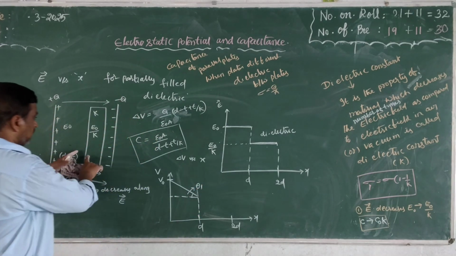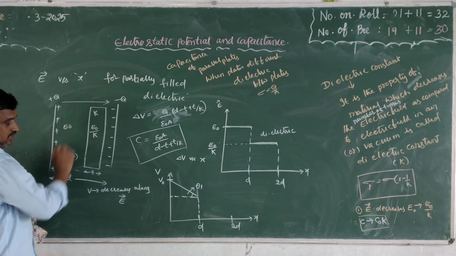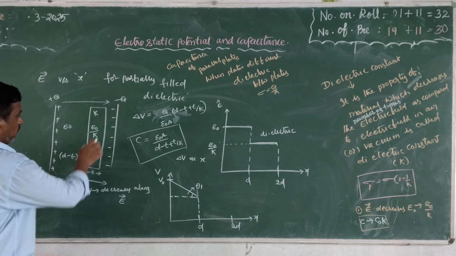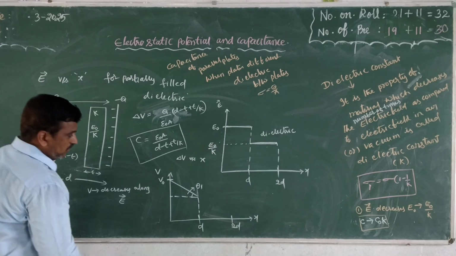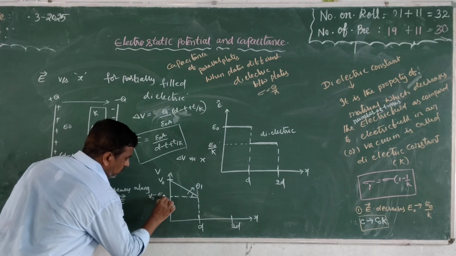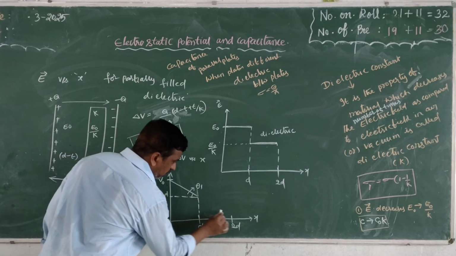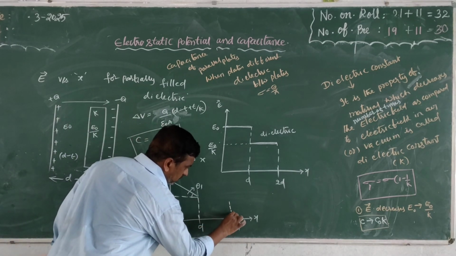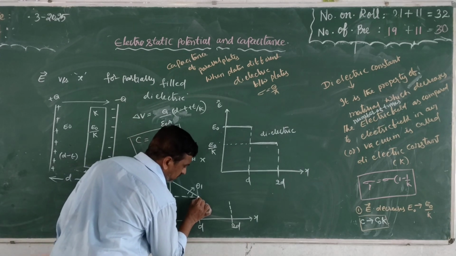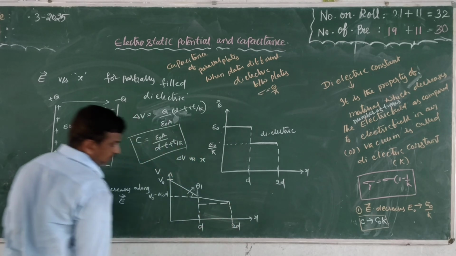After that the dielectric is placed, so here also the potential changes, by E naught by K into D. After that, up to here, the potential changes less, since the electric field is less here. This is the change in electric potential.